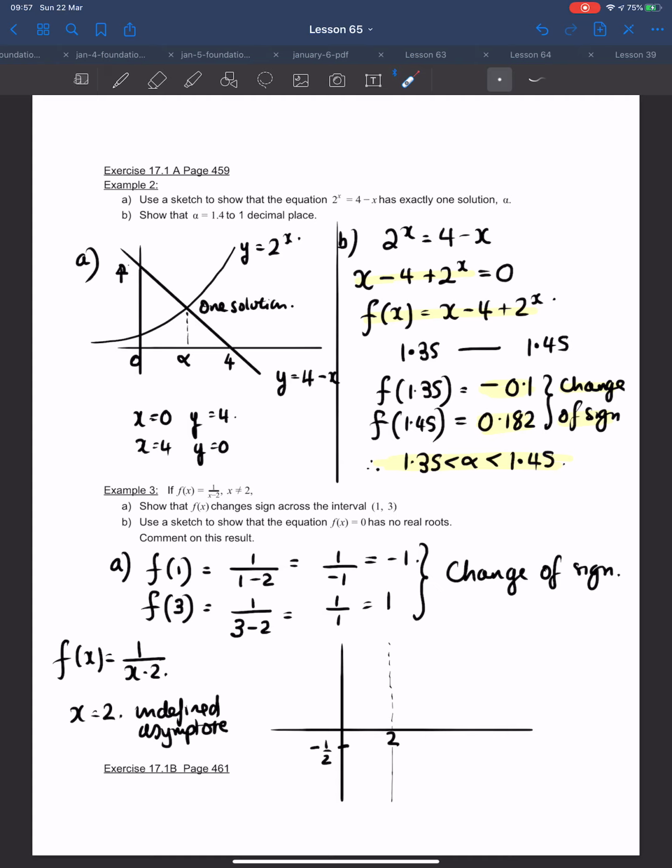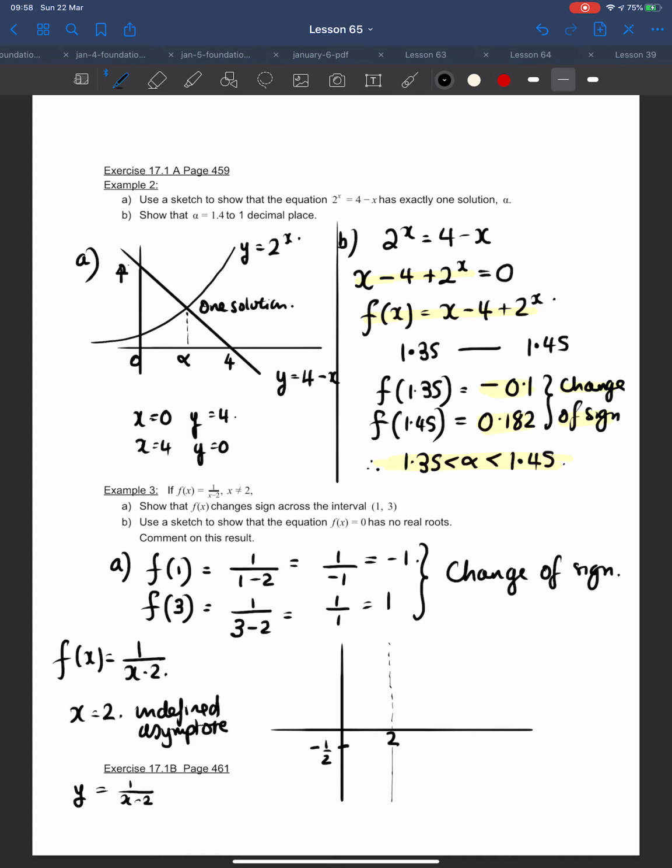To find the horizontal asymptote, we've got y equals 1 over x minus 2.